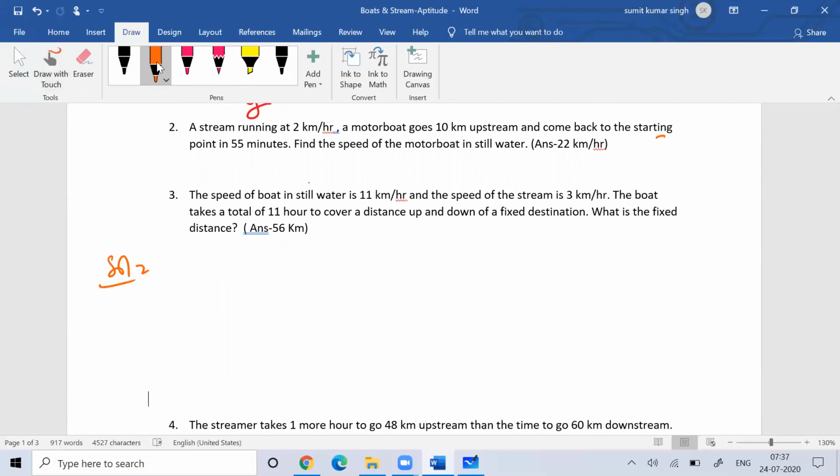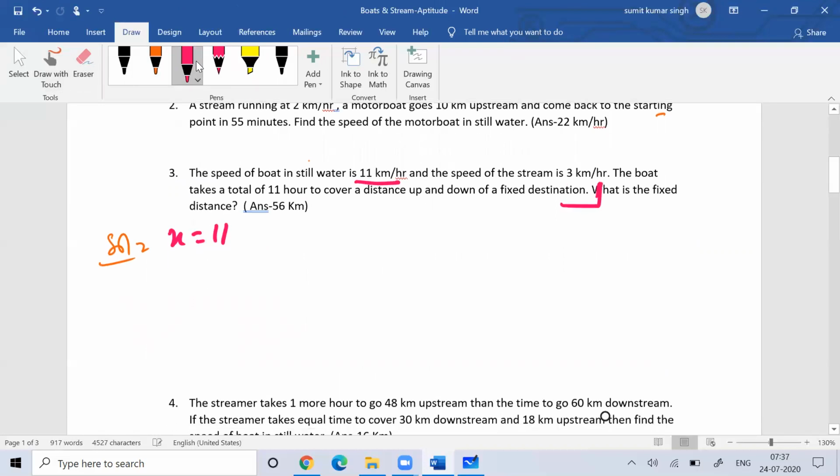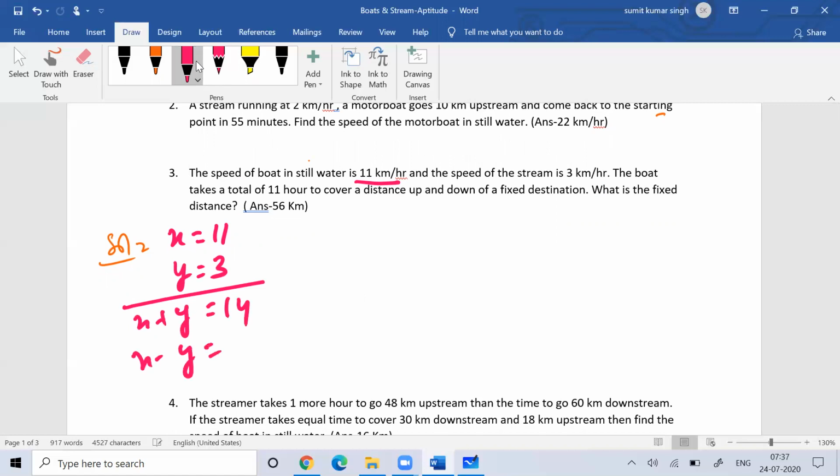Time is very important. So the speed of the boat in still water is 11, so x is equal to 11, and the speed of the stream is 3, so y is 3. The speed in downstream would be 14, and the speed in upstream would be 8.